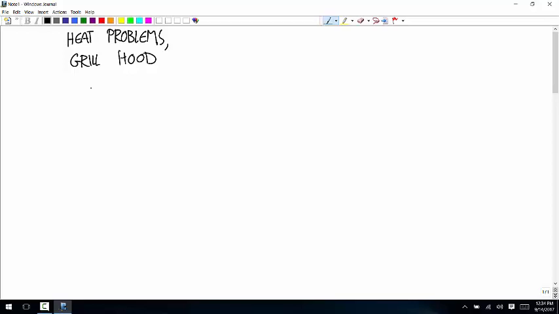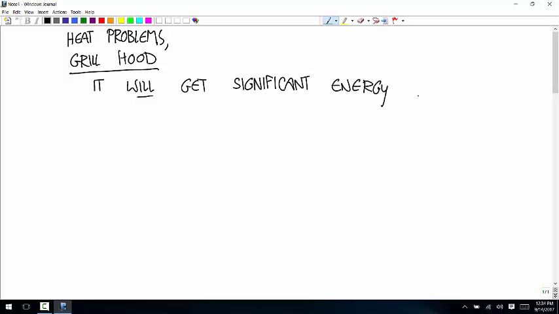So it will get significant energy as radiation from the surroundings.